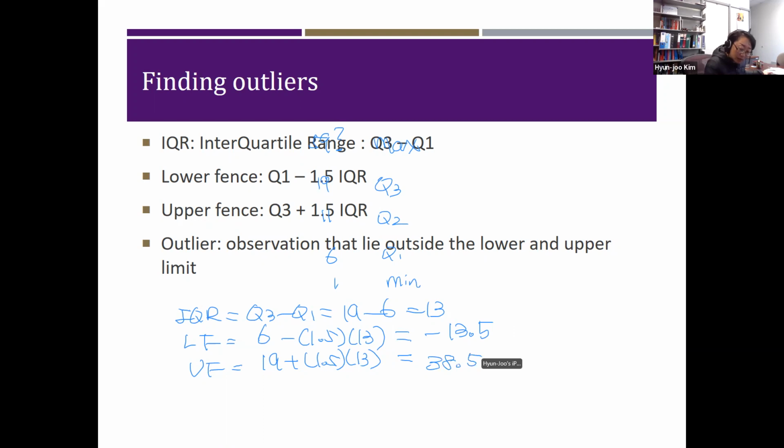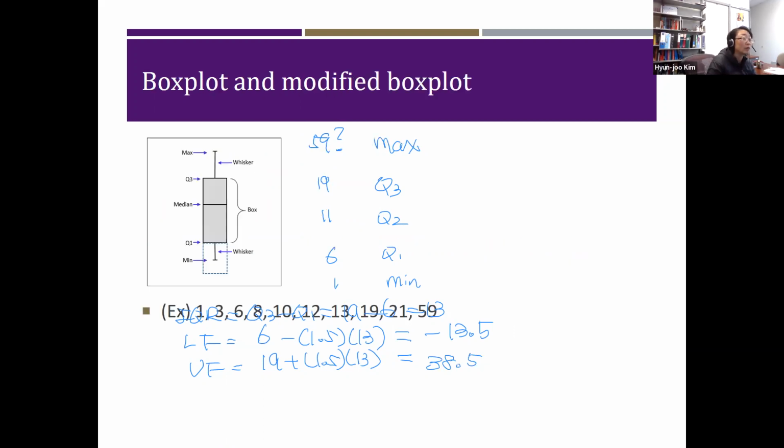Okay, do you see any outlier? Let's go back to our original data set. Do you see anything smaller than negative 13.5 or larger than 38.5? That value 59 is outside of it. So that is an outlier.